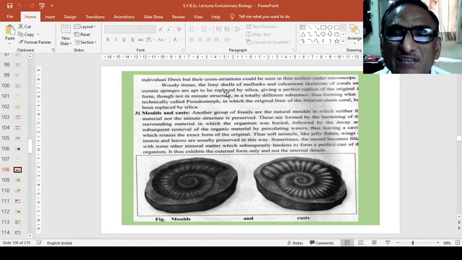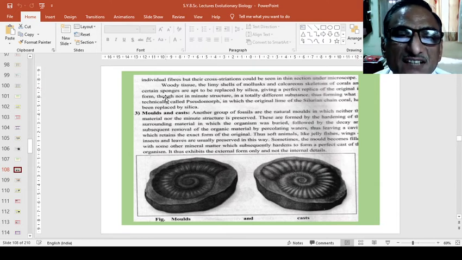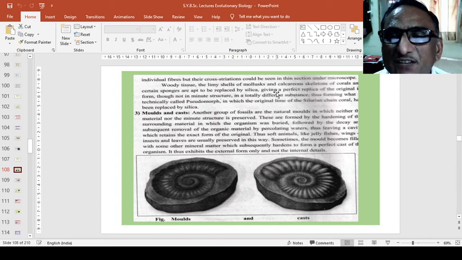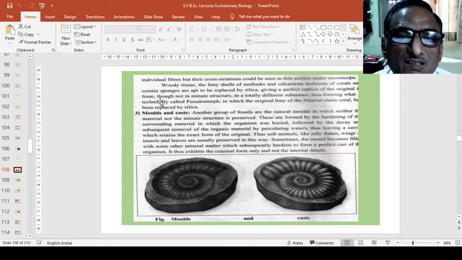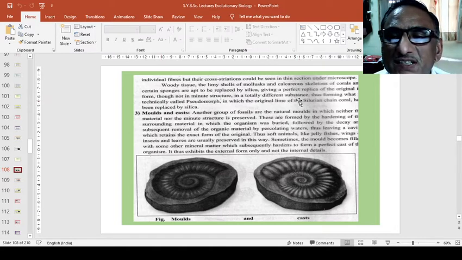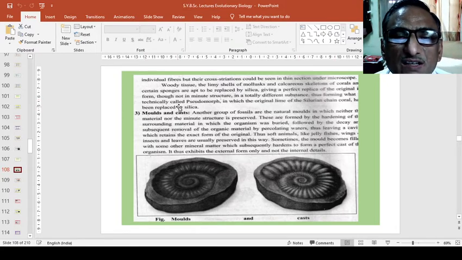Woody tissues, limy shells of mollusks, and calcareous skeletons of the corals and certain sponges are apt to be replaced by silica, giving a perfect replica of the original form, though not in minute structure, in a totally different substance, thus forming what are technically called pseudomorphs, meaning not original.